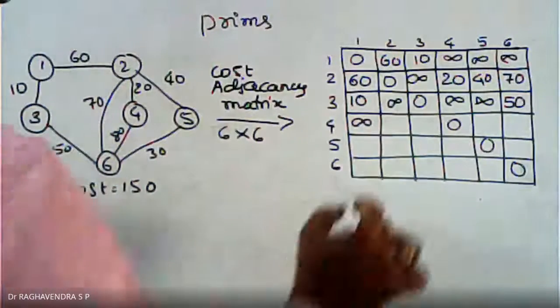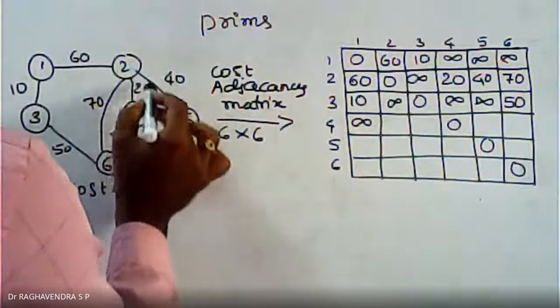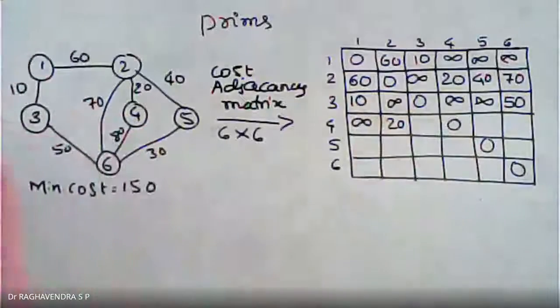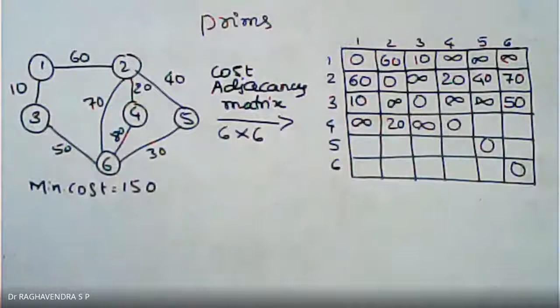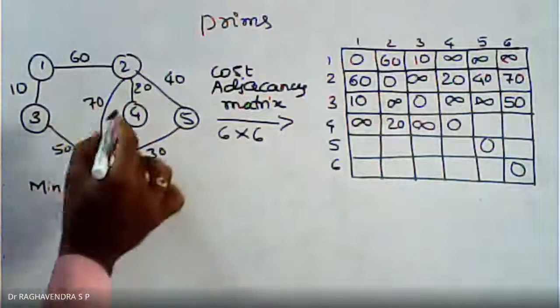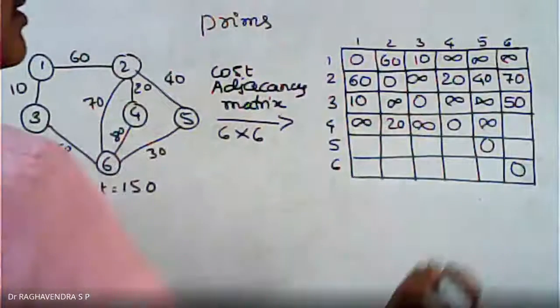Infinity. 4 to 2? 20. 4 to 3? Infinity. 4 to 5? Infinity. 4 to 6? 80.